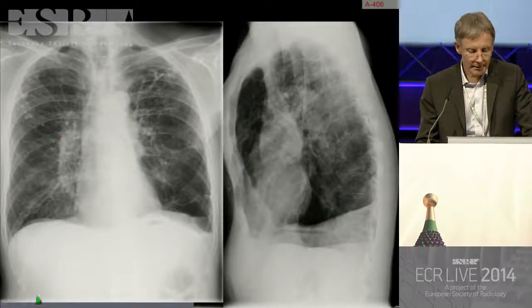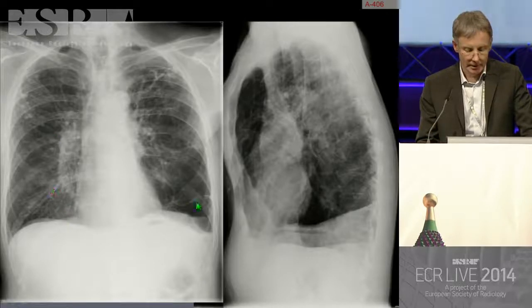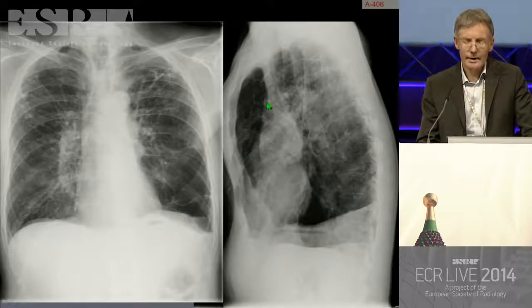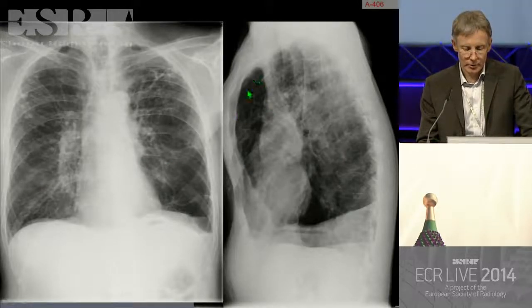Well, there is a difference in density of the lung bases. This is hyperlucent compared with the right base. There is an increased retrosternal space, which we have to explain, and then there's an abnormal contour of the diaphragm, which is raised here, and this is the left hemidiaphragm with the gastric air bubble below the left hemidiaphragm.